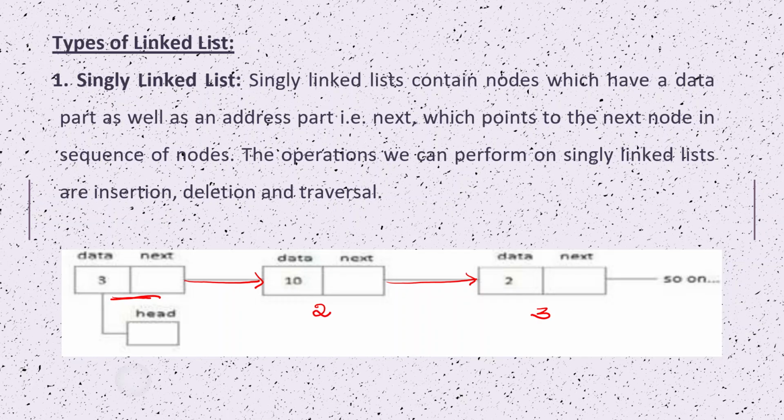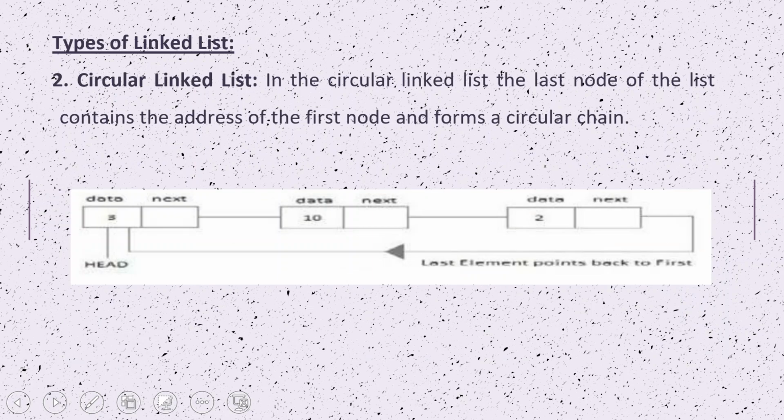Now let's look at the next type, that is the circular linked list. Circular as in circle. This is the first node, this is the second node, and this is the third node. The link part of the first node will contain the address of the second node, and the second node's link part will contain the address of the third node. But what about the last one?